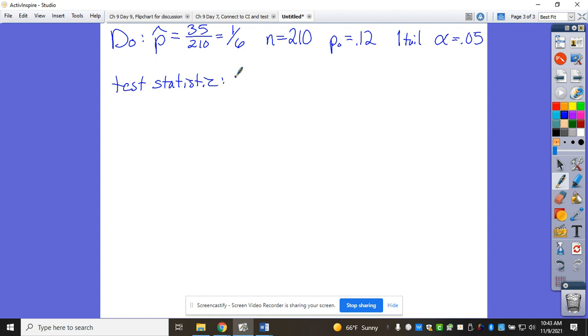So my generic equation starts with what? P hat minus P naught. And then down here, you're plugging which one in those?